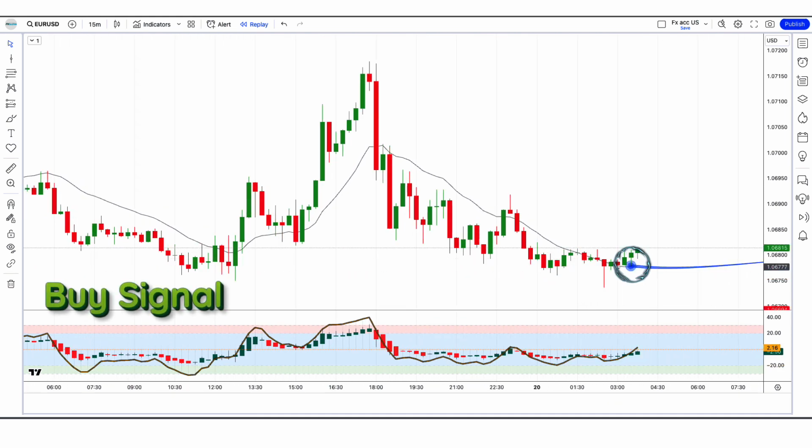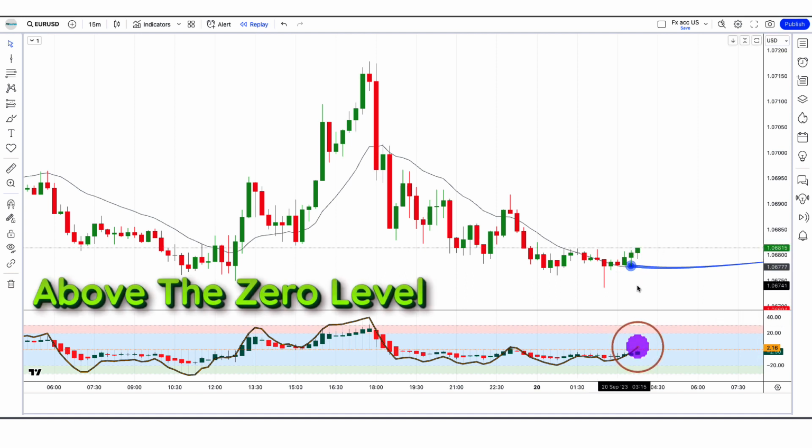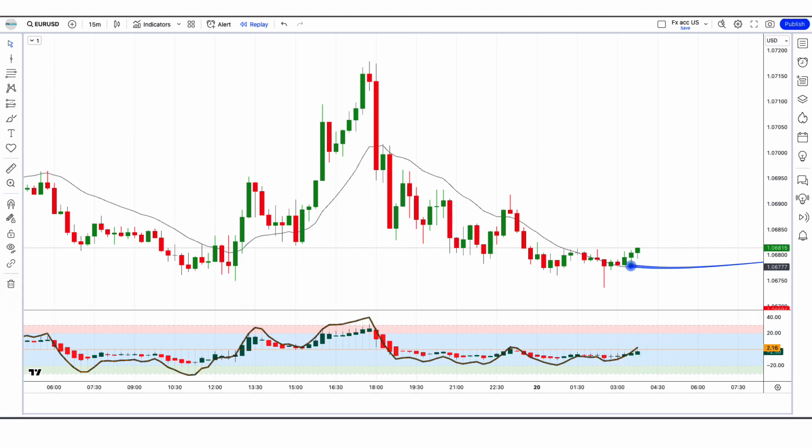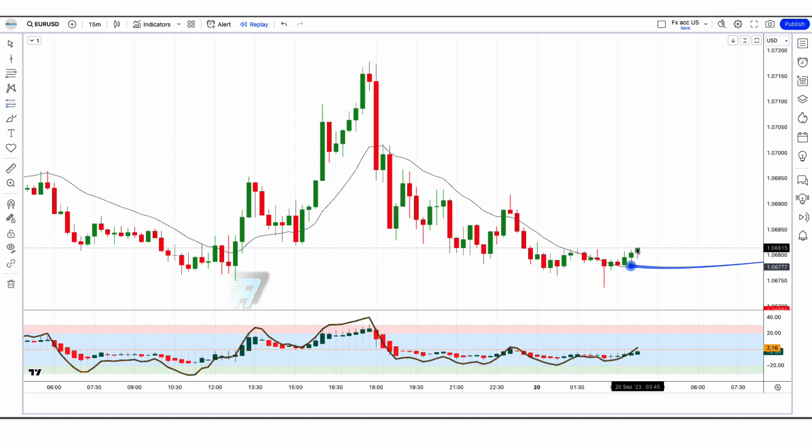The MA Sabres indicator has given us positive buy signals. The market has made a bullish candle to give confirmation. The RSI shadow of the Heikin-Ashi RSI oscillator indicator is above the 0 level. So all our conditions are fulfilled, so we are placing an order to buy.